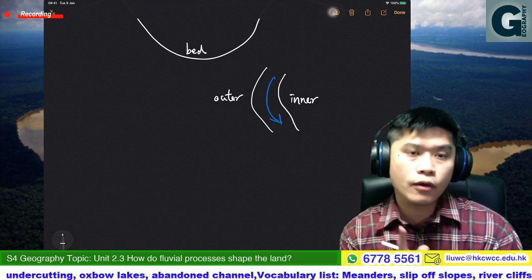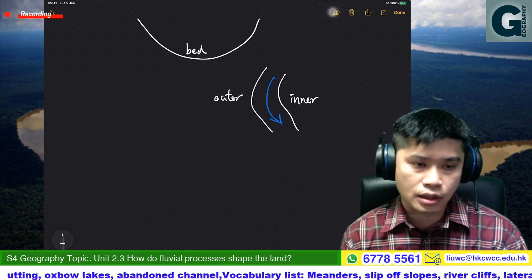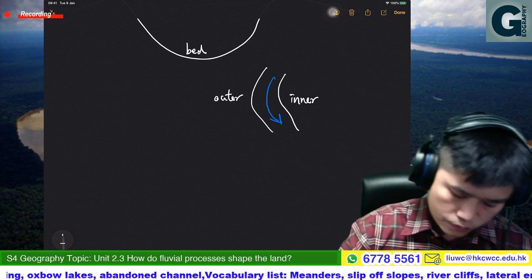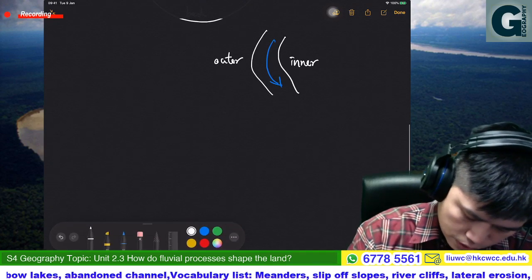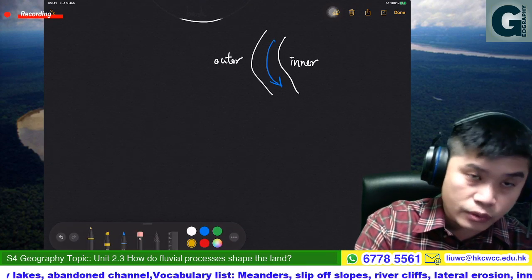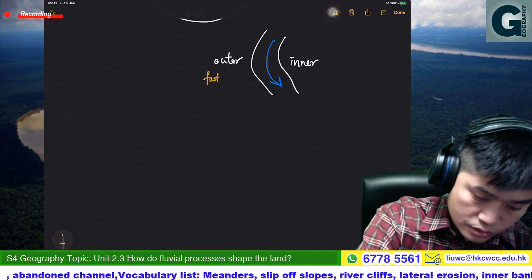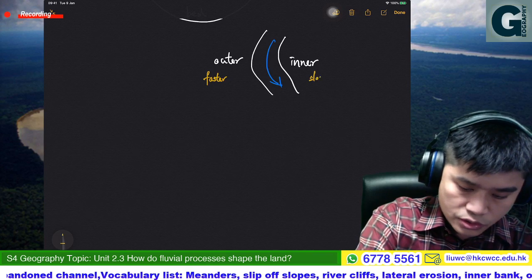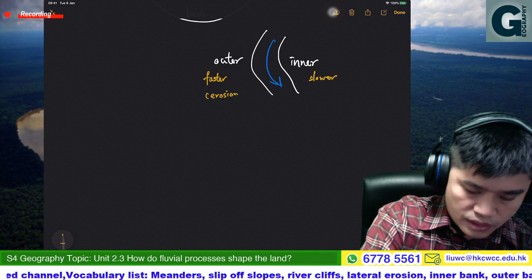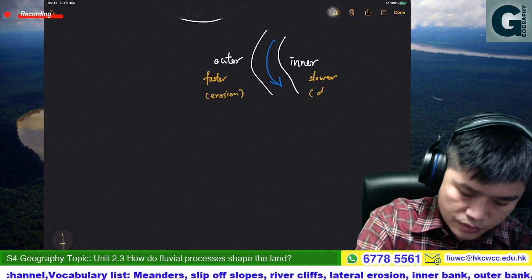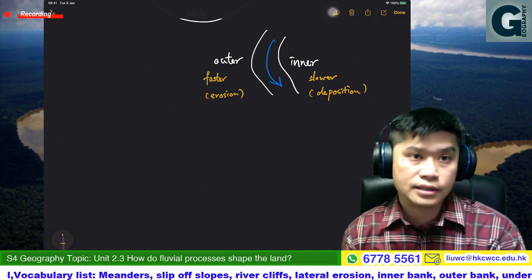So what would be the cross section of the river channel? That would be like this. As we have mentioned, in the outer bank the water flows faster, so therefore higher energy and erosion may take place, and on the other side, deposition.